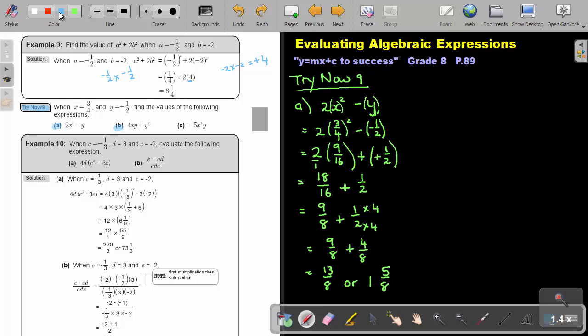Okay, let's do number B. First, write down the expression. Okay, now, remember, put brackets around the alphabet letters, the variables. And then what I like to do is I just like to clean the brackets, the inside.